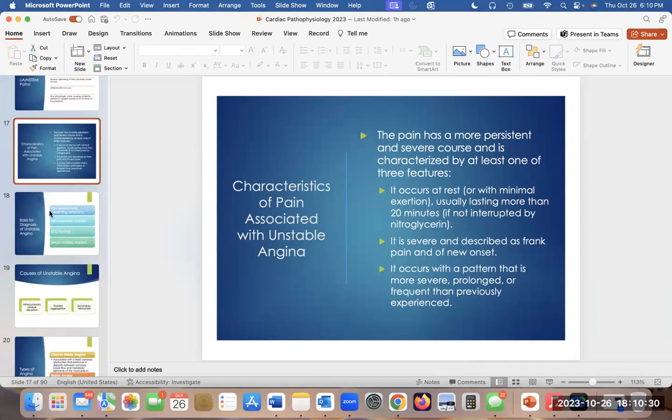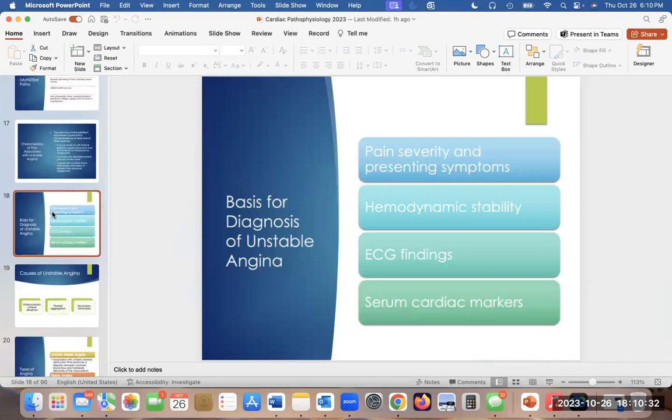Okay, so the next thing is, how do I diagnose? I wouldn't say you really need to know this for your exams, but I would know as a nurse because they can ask you things. I need to look out for the pain and hemodynamic stability, right?